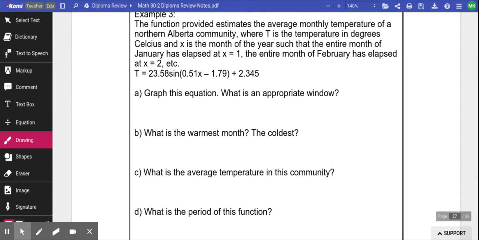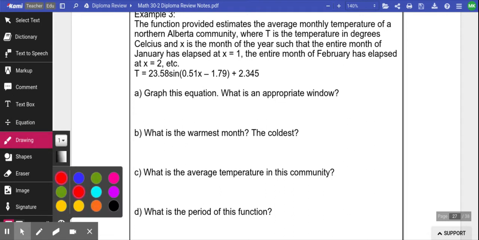Step 3, you need to set an appropriate window. We're going to talk about this window for a second. X minimum. In this question, X is the month of the year, so the minimum number of months you could have would be 0, the very start of the year.